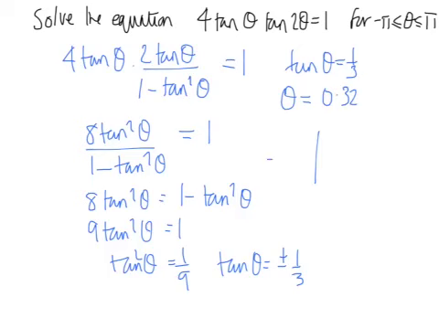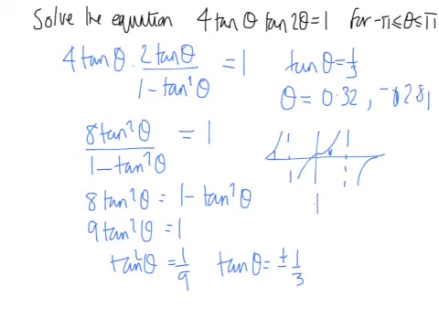Okay, quick sketch of tan in this range. Okay, so if I've got tan theta is 0.32 here, then the other positive solution to tan theta is positive a third is here, and that's going to be 0.32 minus pi, which comes to minus 2.81.